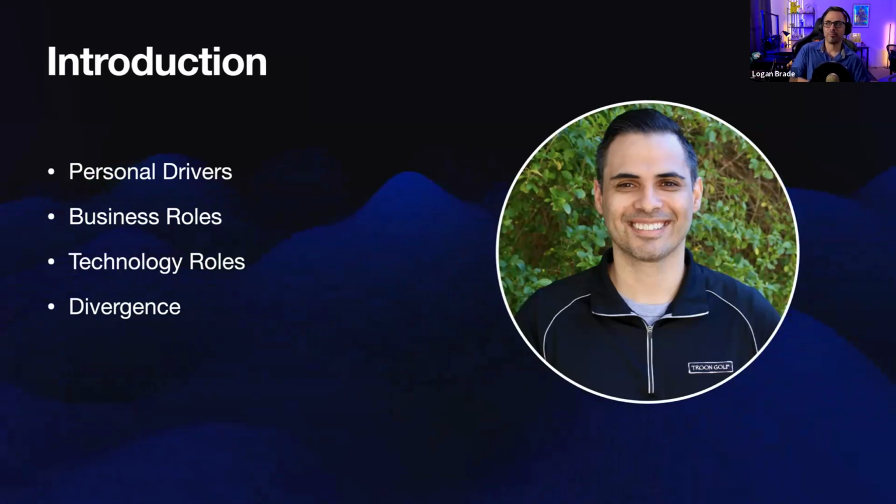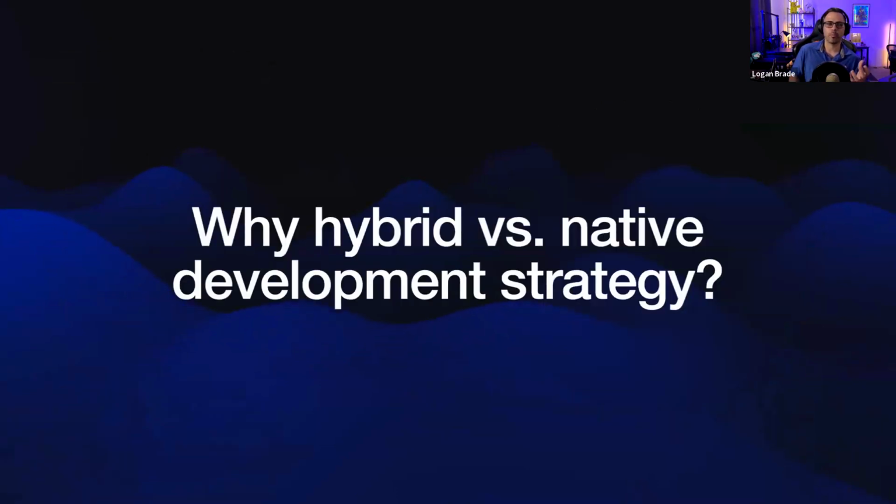From my business experience and my technical experience, I've learned a lot about the ways to manage projects and develop strategies. But I've also learned that the business and technology teams see strategy differently. And so through that, it gets me thinking, why do we choose hybrid versus native development strategy?